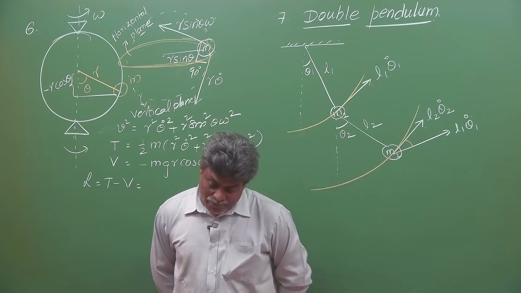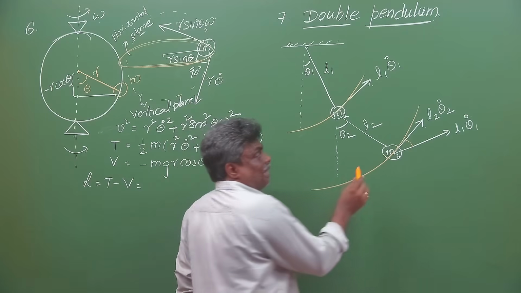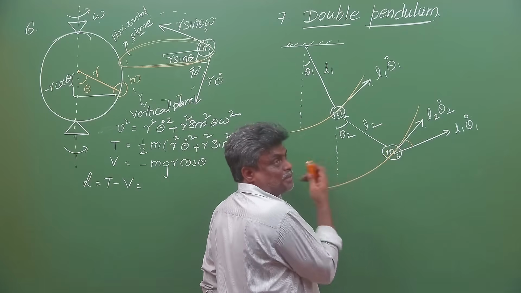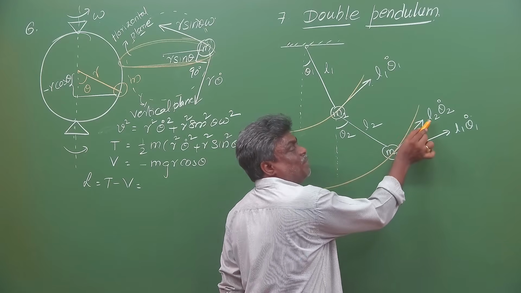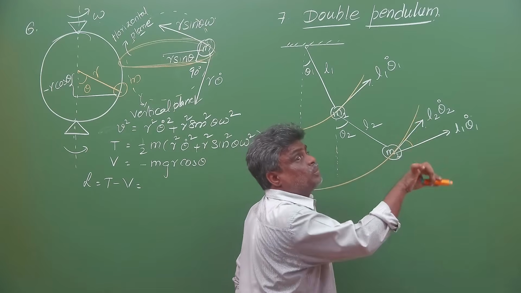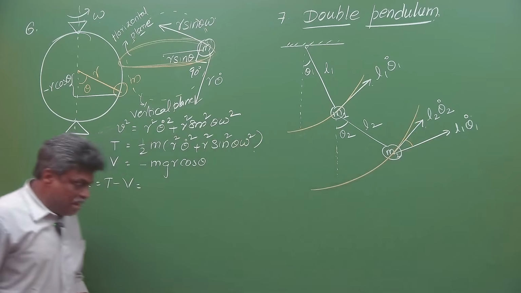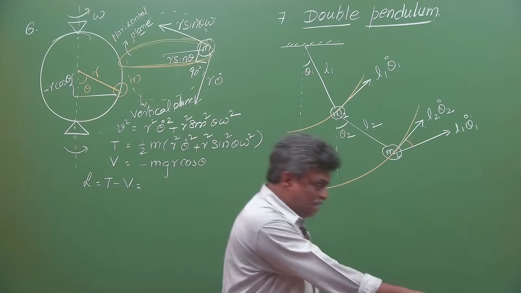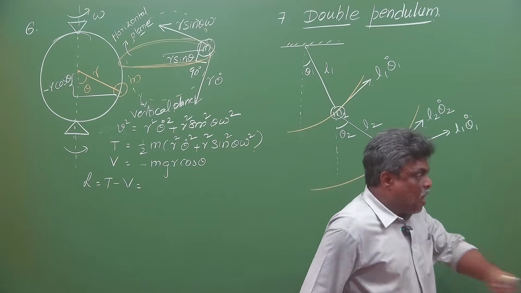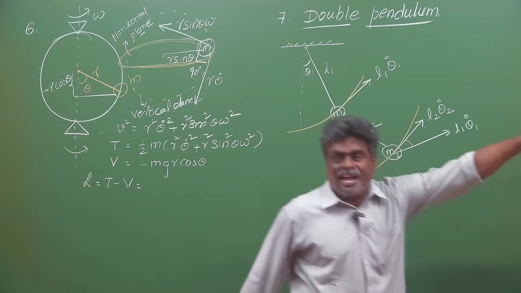So whenever tangential velocity is there, observe carefully. This is the tangential velocity. Two velocities are there. One is L2 theta 2 dot. What is the meaning of x dot? X dot means my displacement is changing along which direction? X direction.